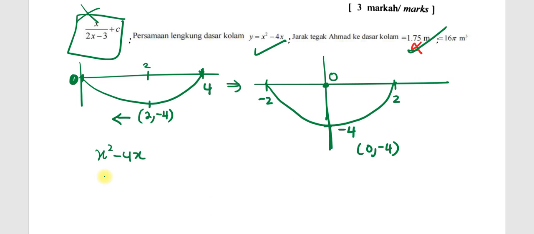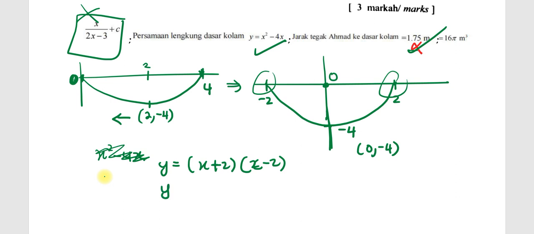You see these are the roots, right? So you can create the quadratic equation. The root negative 2 means we need to plus 2, and the root 2 means we put negative 2. That is your new y, which gives x square plus 2x minus 2x, so plus 2x minus 2x cancel, so minus 4.